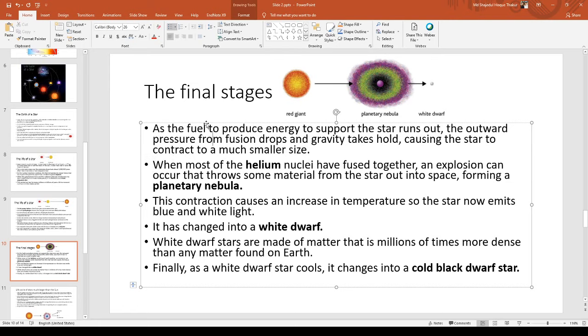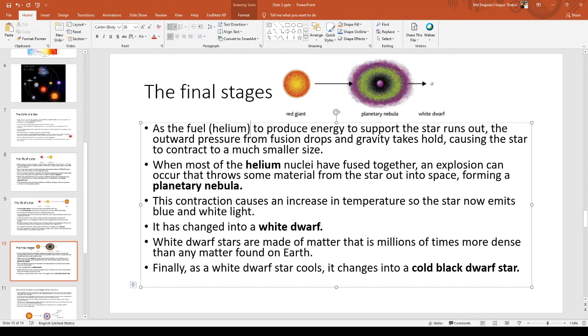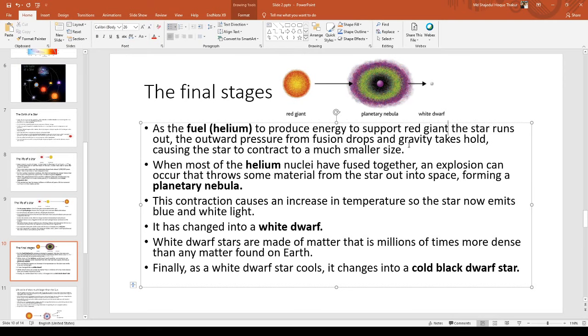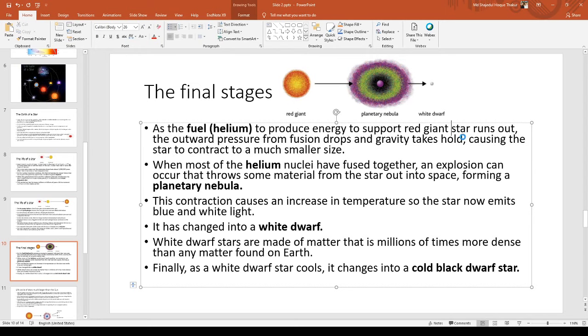So, what's the fuel in a red giant? Helium. As the fuel, helium, which produces energy to support the red giant star, runs out, the outward pressure from fusion drops.